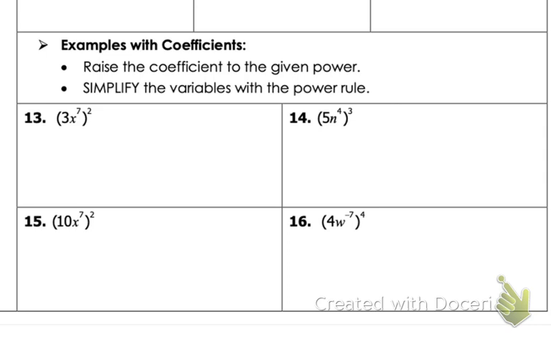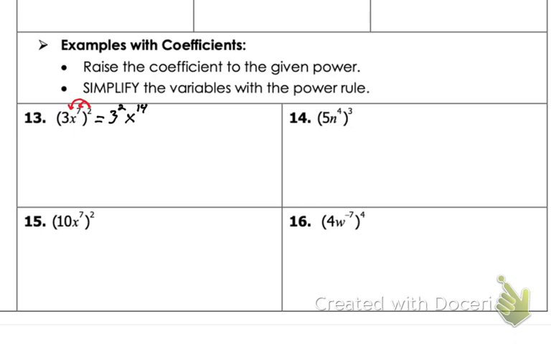Okay? So this 2 is going to go to that 3, and it's also going to go to that x to the 7th. So that means we're going to have 3 squared, x to the 2 times 7, which would be 14. I'm going to go ahead and do this because this says simplify the variables with the power rule.